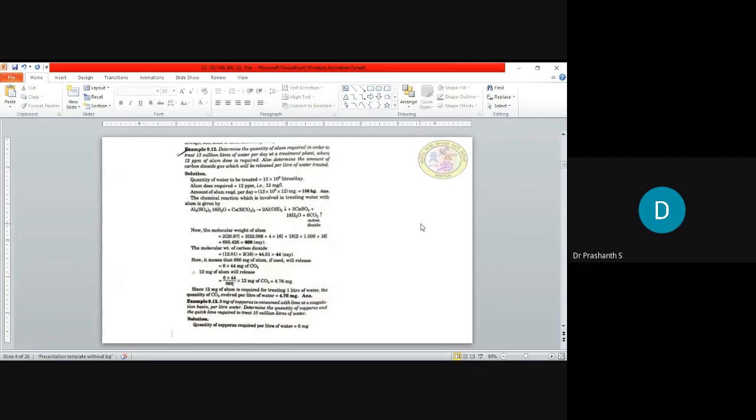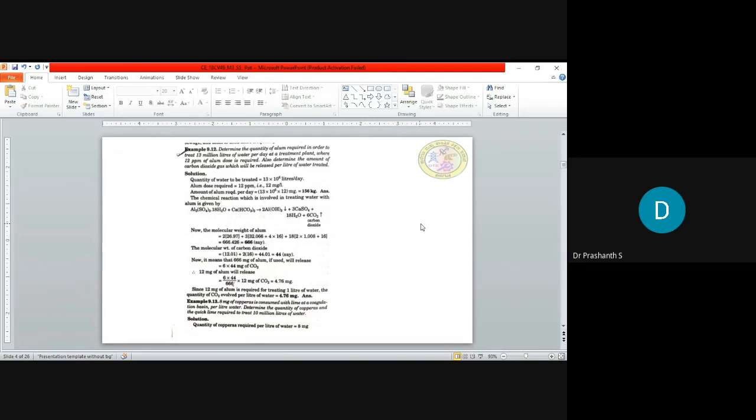Let us take a problem. I have pasted a problem. The problem is: determine the quantity of alum. Alum is a coagulant. Its chemical formula is aluminum sulfate, Al2(SO4)3.18H2O.